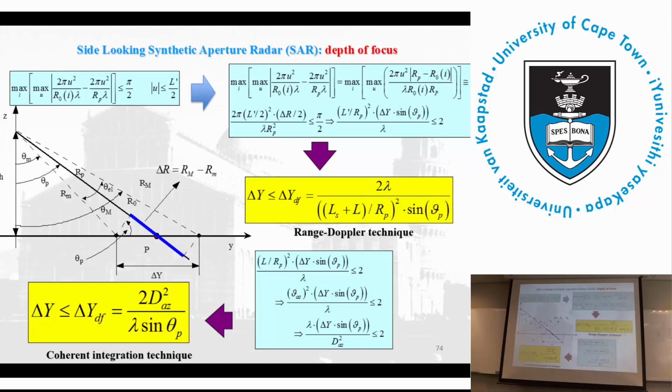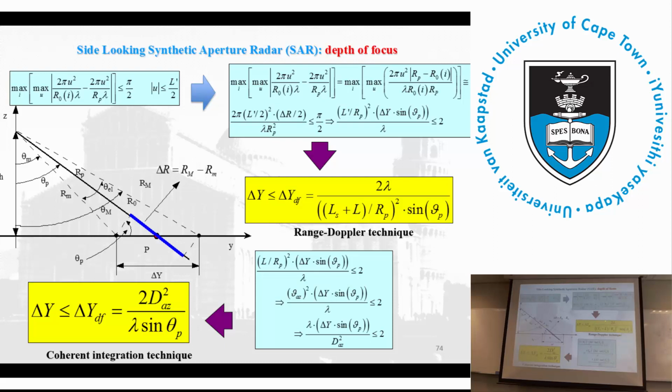If I replace that, then I have to constrain it to be less than pi divided by 2. Then I do another mathematical passage here, and what I found out is that delta R must be less than this maximum value that gives me pi divided by 2 in terms of phase rotation, which becomes equal to this value here.